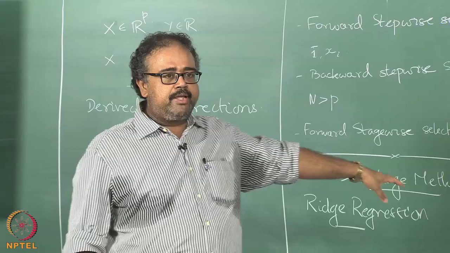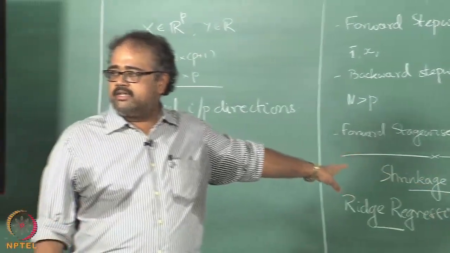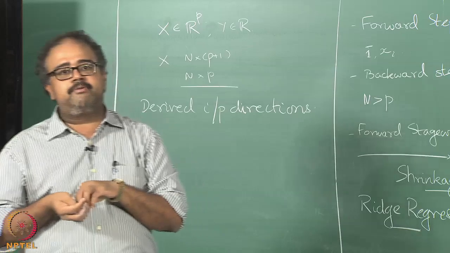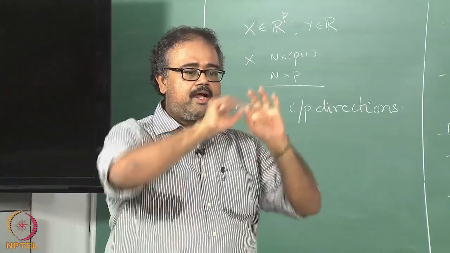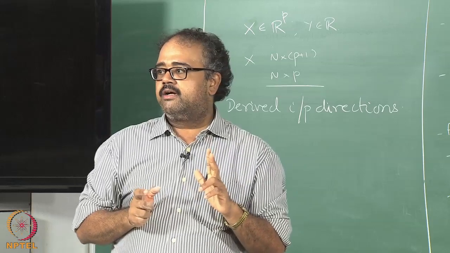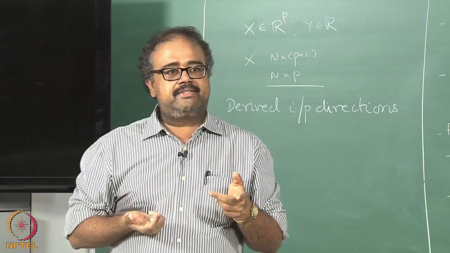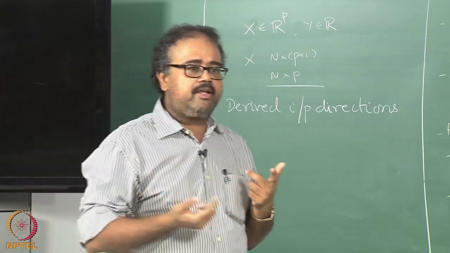Likewise, whether we are doing implicit subset selection by doing lasso or ridge regression, we are reducing the coefficients of some variables and retaining some other variables. But at all points we were operating with the original set of basis vectors that were given to you.